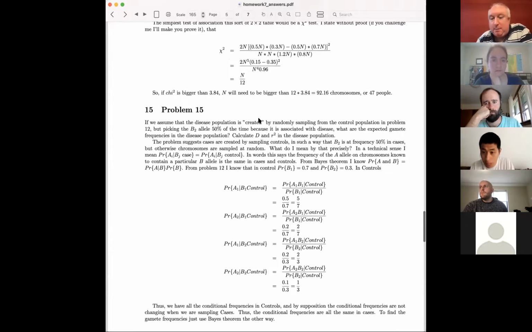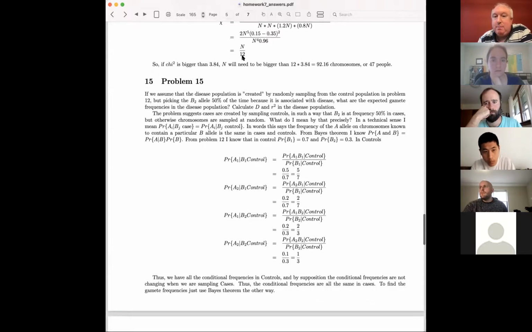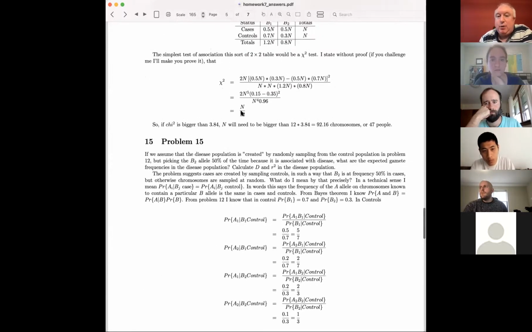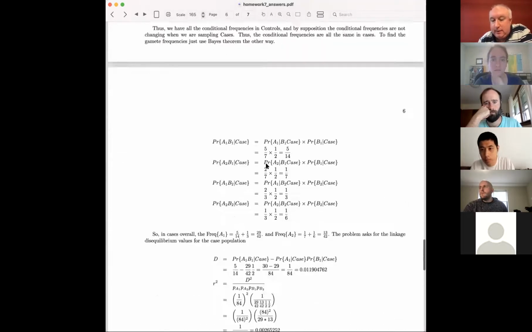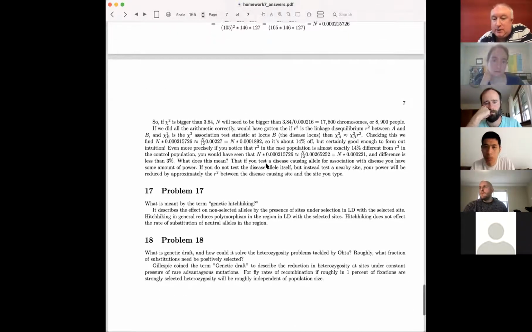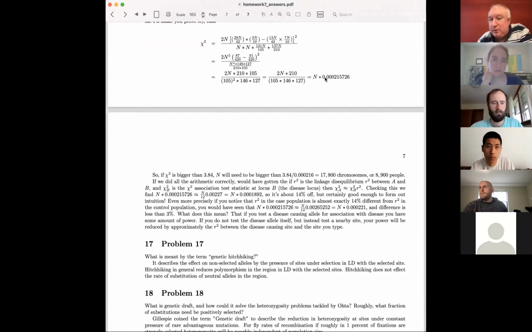So it might not be quite obvious to you until you plug in numbers, but this chi-squared turned out to be n/12.